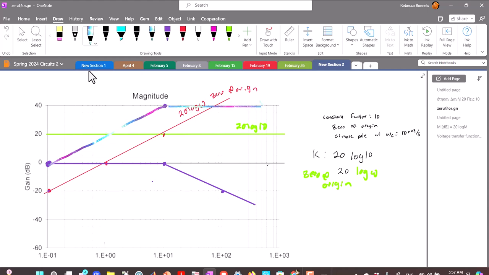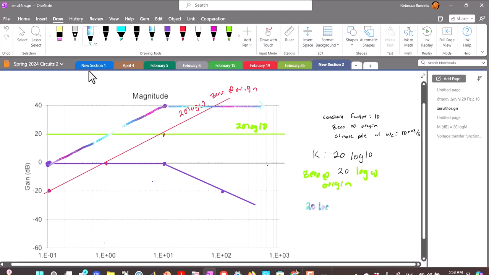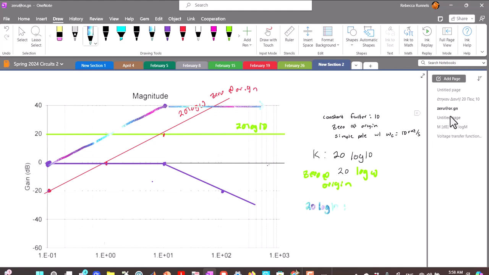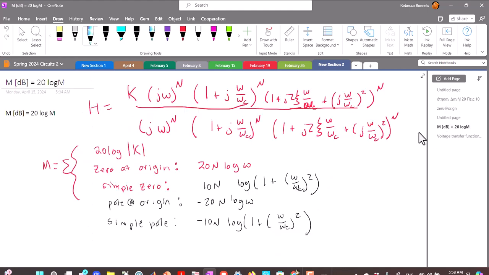And so that's what our Bode plot looks like. And then if I wanted to get the magnitude of the gain, then I would take 20 log 10 plus, and then for a 0 at the origin, I need to know what the frequency was.